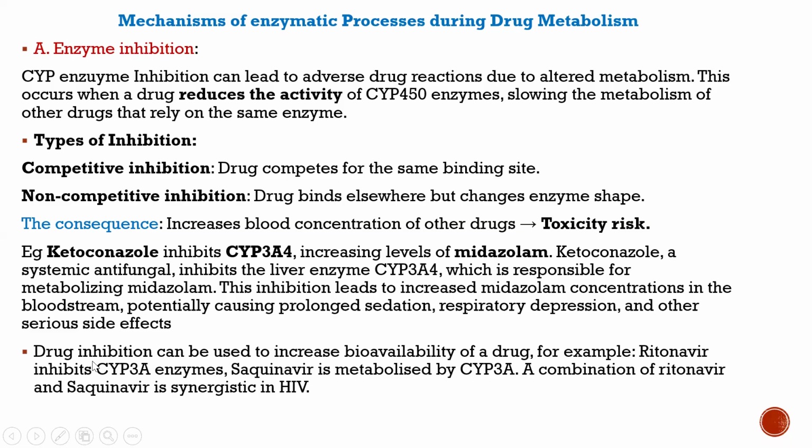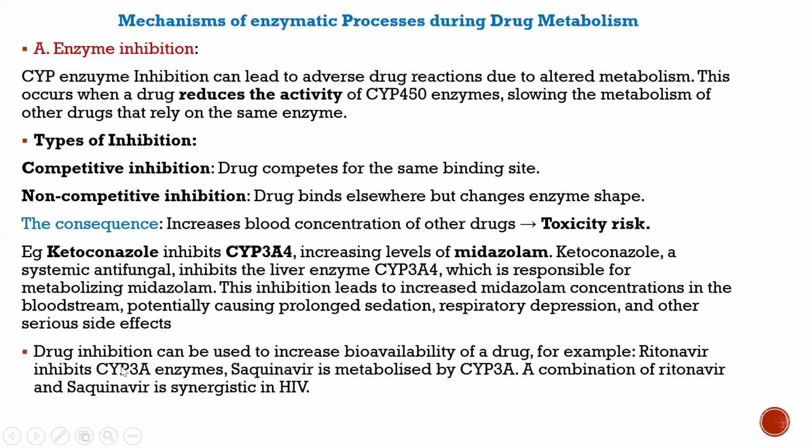So drug inhibition can also be used to increase bioavailability of a drug. For instance, we have drugs for HIV like ritonavir and saquinavir. Ritonavir inhibits cytochrome P3A.